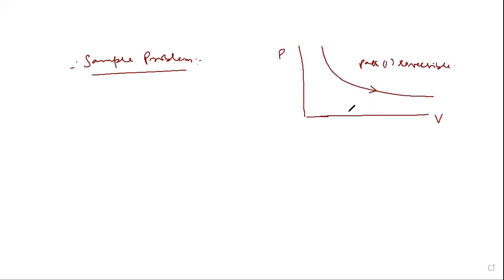Then there was a second path. This was path 2, single step path. It was irreversible. And then there was also path 3, like this.